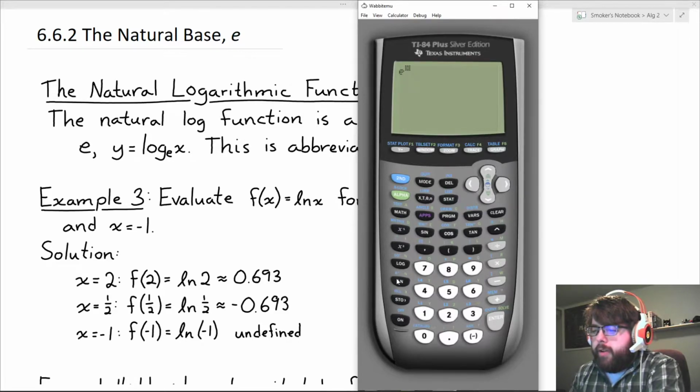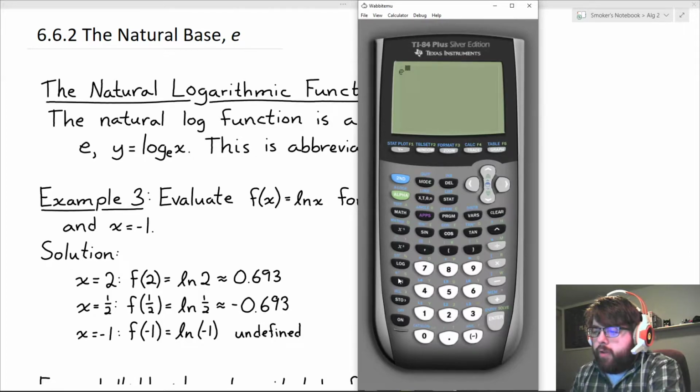It might be kind of hard to see in the YouTube video, but this in blue is e to the power of x, and this right here, ln, would be log to the base of e. You can see how, same with the common log button, it has above it 10 to the power of x. Well, that tells you what the base of this log is, because they're pairing those up for a reason.